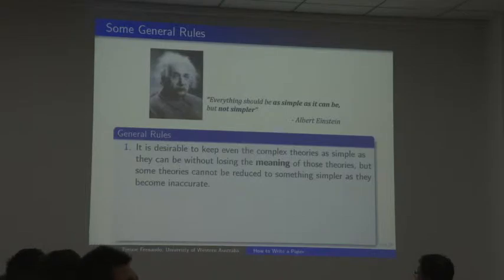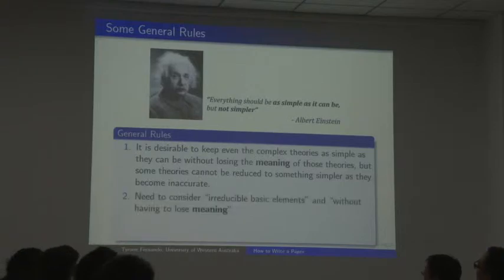But if you continue to simplify any further, it might become inaccurate. So there is a limit. That's perhaps what Einstein meant. You want to make the theories that you develop as simple as they can be, but not simpler. Because if you make it simpler, then you would lose the meaning of the theory and it becomes inaccurate.